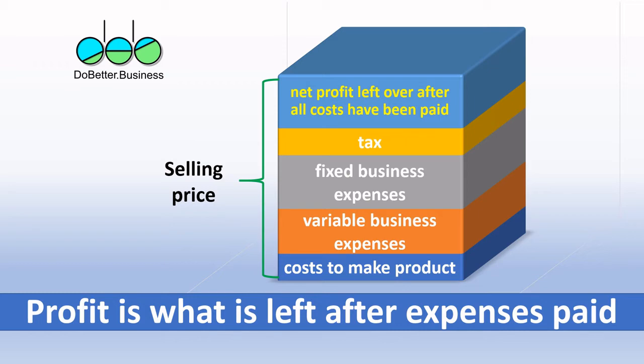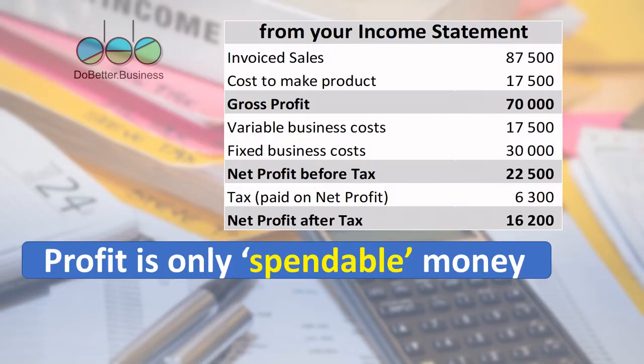Let's have a look at this very simple example. If you take the invoice sales, in other words, you've made sales and you've invoiced customers, if you take from that the amount that it costs you to make the product or the service that you're selling, when you subtract that from the invoice sales, you're left with what is called gross profit.